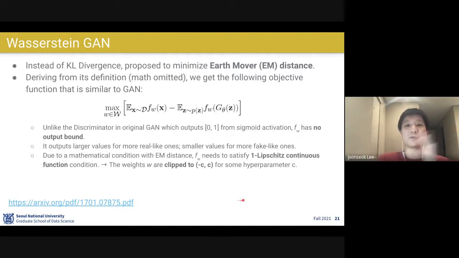This is just the conclusion. The weight W needs to be small. And the way they did it was, if it's larger than some constant C, then just clip it. So the weights are forced to stay between -C and C by clipping. That's what they have done with the Wasserstein GAN.